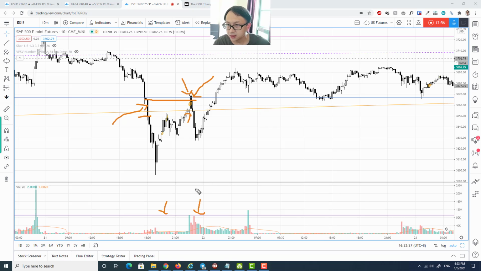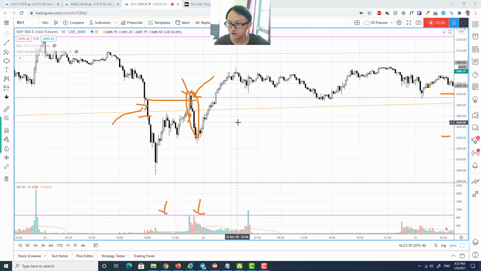That is definitely effort versus results: a lot of effort to push the price up, and in fact it can't stay above or commit above the supply zone, and it failed right away in the next candle. So that's definitely bearish, and you can see that right after the failure there is a swing down, from probably 36.70 to around 36.30. So it's 40 points, which is quite a lot of points in the S&P 500.